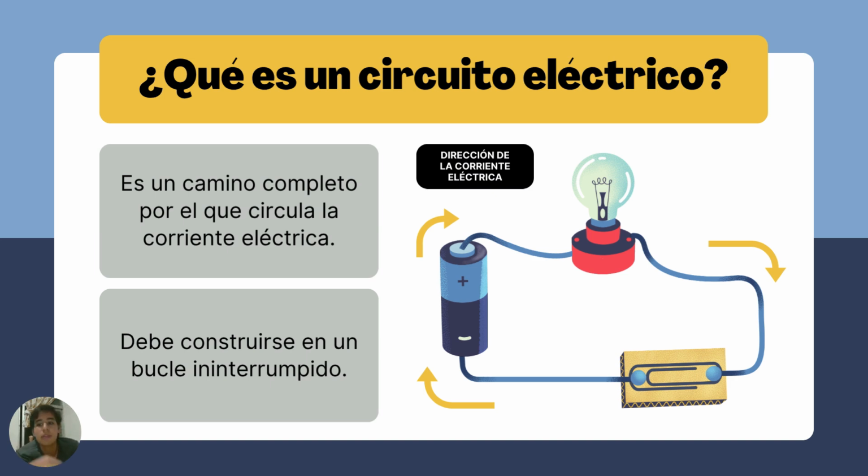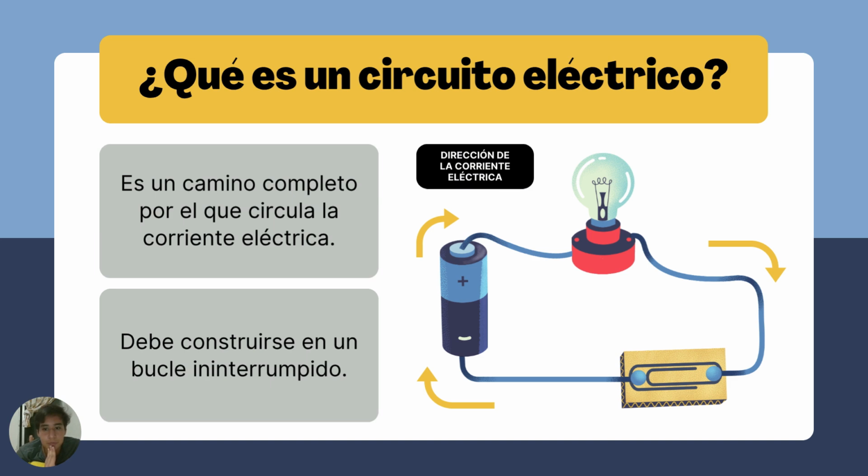For a circuit to work, it needs a closed loop, because if the loop is open, the electricity stops, and there is no current moving around this circuit.